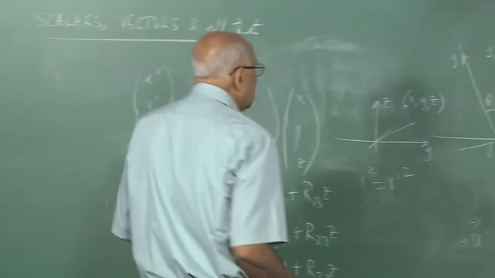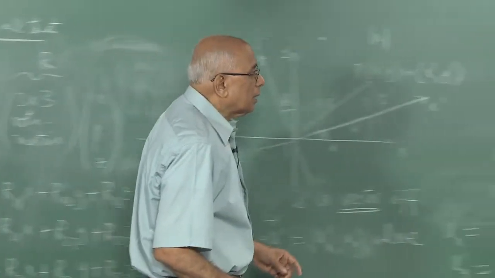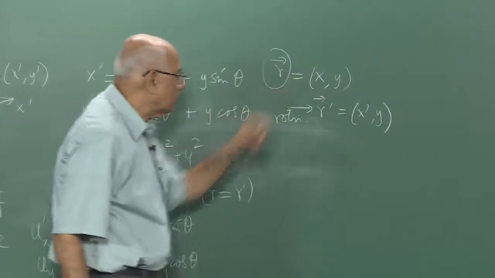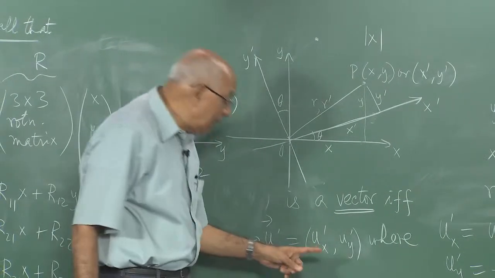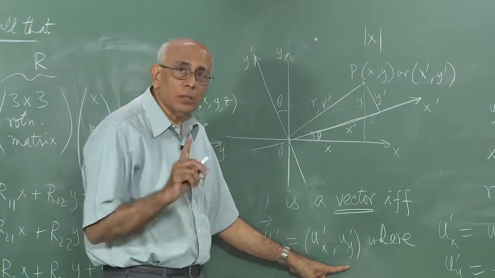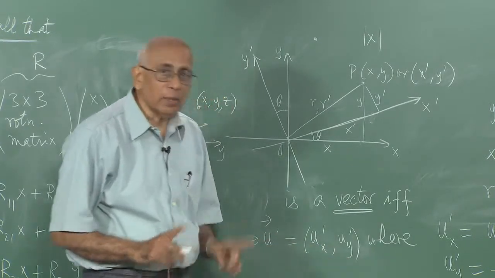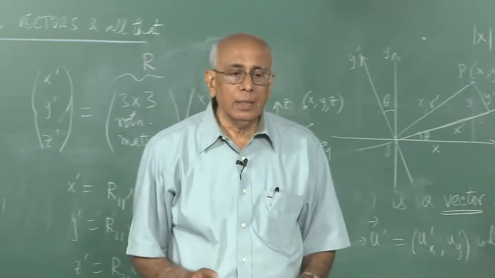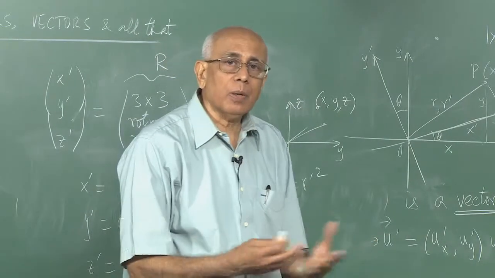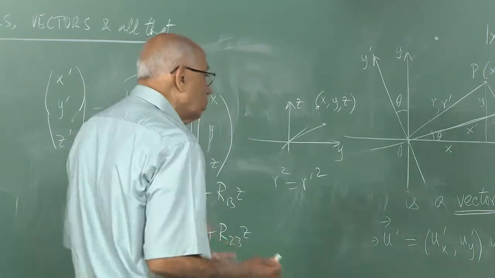One should not imagine that when you have a vector comprising several components like this, or in the case of u like this, one should not say this is a scalar or that is a scalar. Not true, because these quantities do not remain unchanged under a rotation. They combine with each other, they mix up components, and they do not remain invariant.